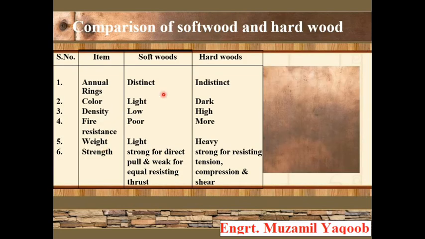Now let's compare softwood with hardwood trees. On the basis of these six qualities, we will know how they perform and about their behavior. The first quality is annual rings.